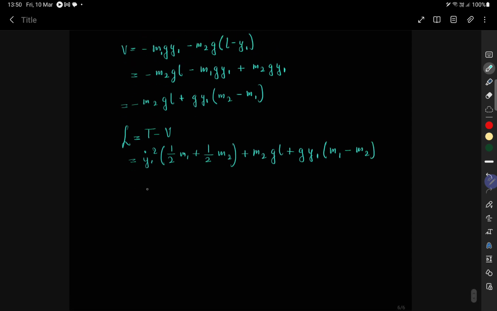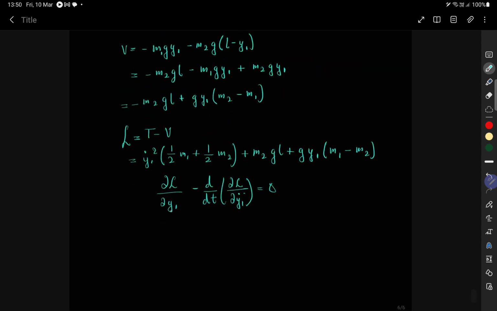Okay, now we'll use the Euler-Lagrange equation, which is partial L by partial y1 minus the derivative in terms of time of partial L by partial y1 dot equals 0.